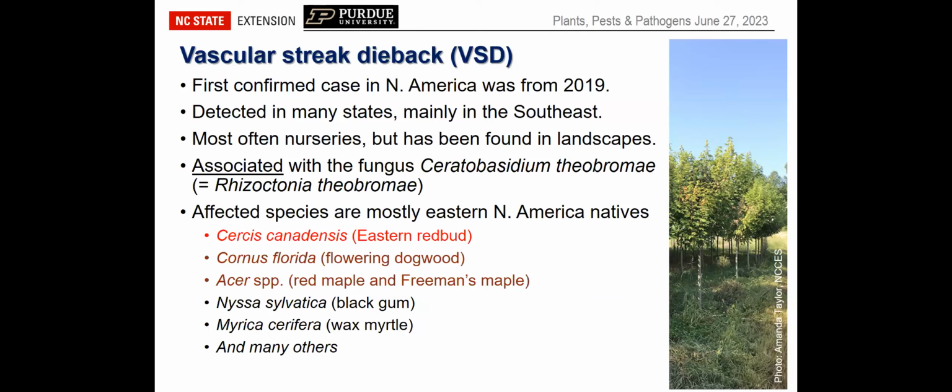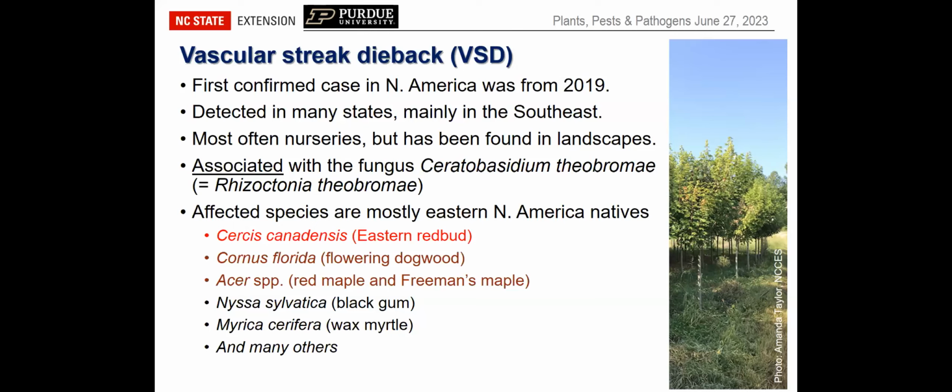Very, very skewed toward the eastern redbud. That's where we've seen most of the problem, and on many, many cultivars of that. The next group that would be a distant second would be your flowering dogwoods, and also a couple different maple species, the red maple and the Freeman's maple.